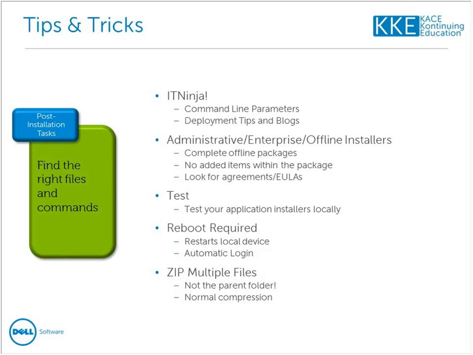The next thing that we want to work with, especially with our post-installation tasks, is you always want to make sure that you are working with what are called administrative, enterprise, or offline installers. These are different versions that you can download of software. Sometimes the vendors will make them easy to find. Sometimes they will not. But what you do not want is the stub installers that can be downloaded from their main page.